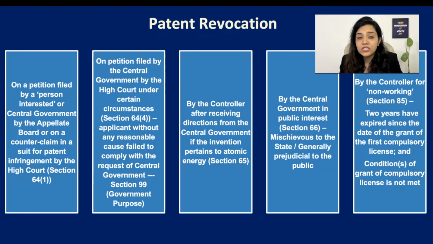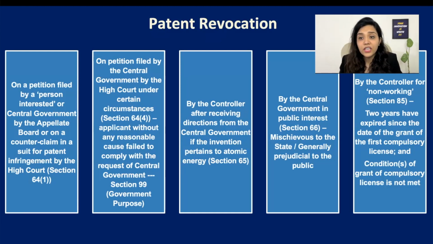Then we have section 66, which is by the central government in public interest. So for example, if there is any invention which is called mischief to the state or which is prejudicial to the public, in that case also, patent revocation can be filed under section 66.